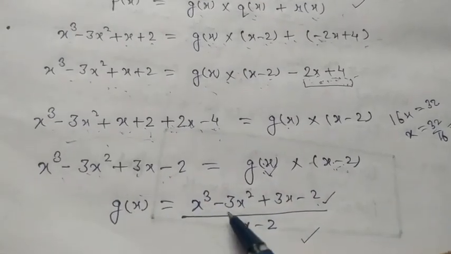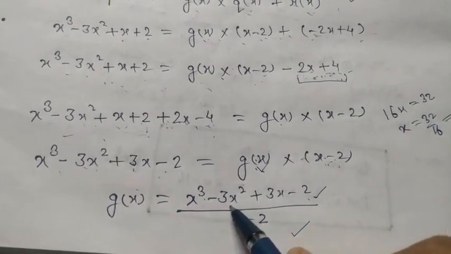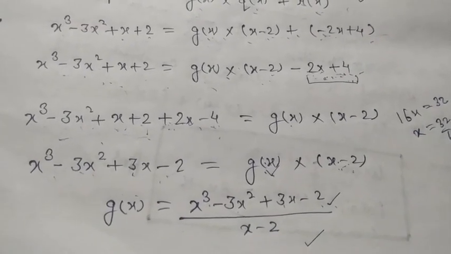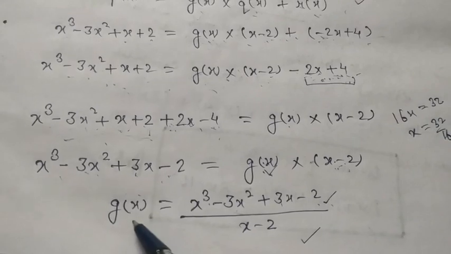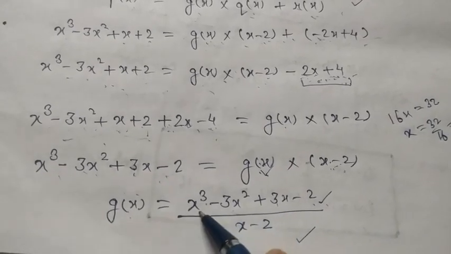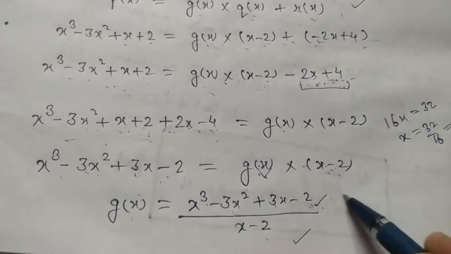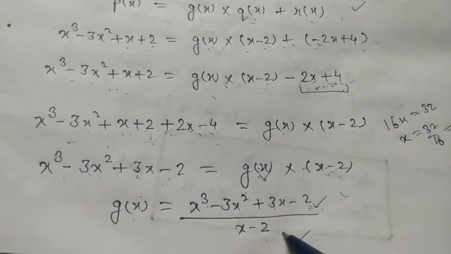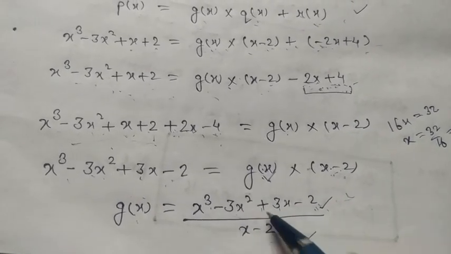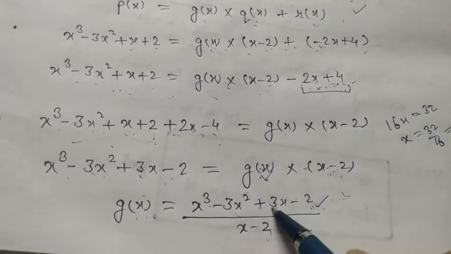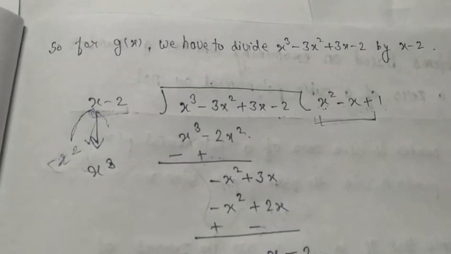So g(x) will be equal to x cube minus 3x square plus 3x minus 2 upon x minus 2. Now students, I have to find the value of g(x) now. So I have to divide this term by this term. So for g(x), this will be our dividend and this will be our divisor, because this is divided by x minus 2. So for getting g(x), we will divide this term by this term.